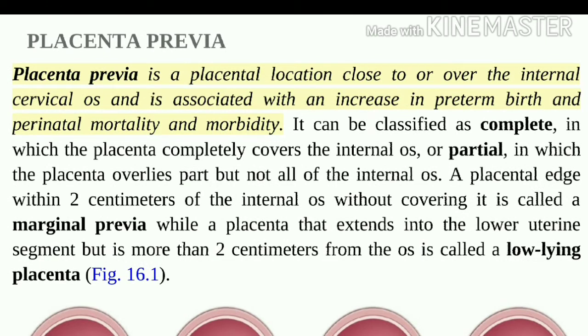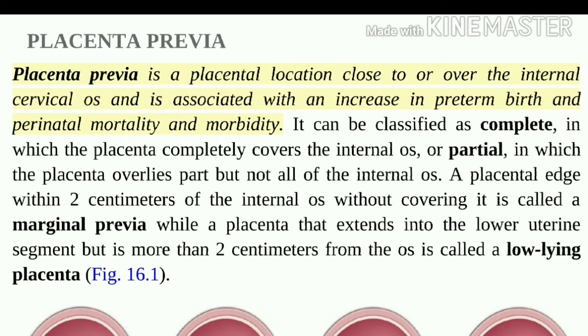Placenta previa is a placental location close to or over the internal cervical os and is associated with an increase in preterm birth and perinatal mortality and morbidity. It can be classified as complete, in which the placenta completely covers the internal os, or partial, in which the placenta overlies part but not all of the internal os.